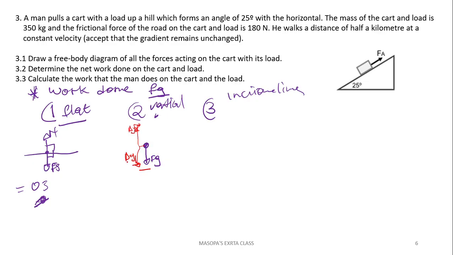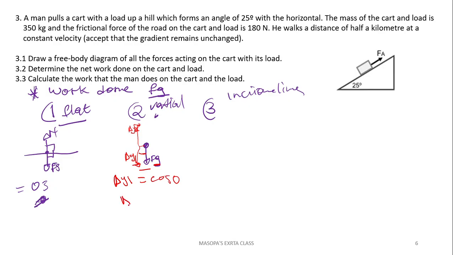So if you're using delta y, and the object is released from a height, then the angle between your Fg and your delta y will be cos of 0.